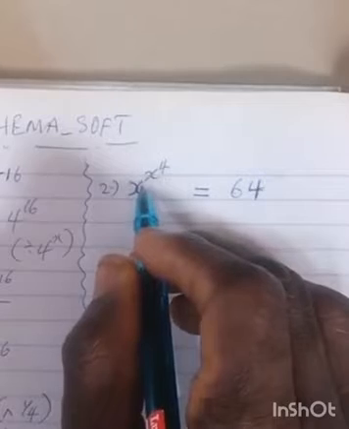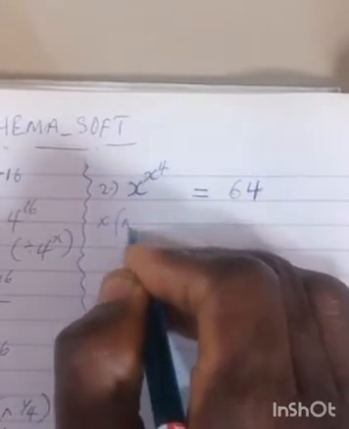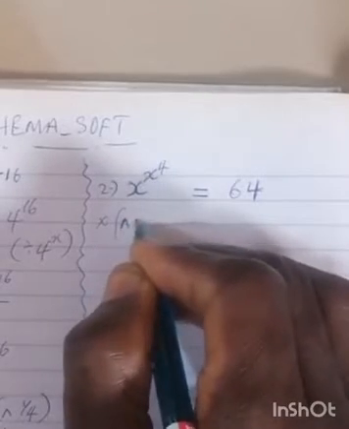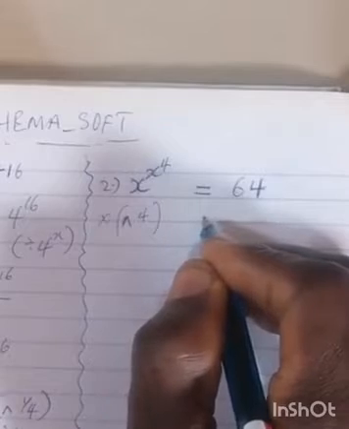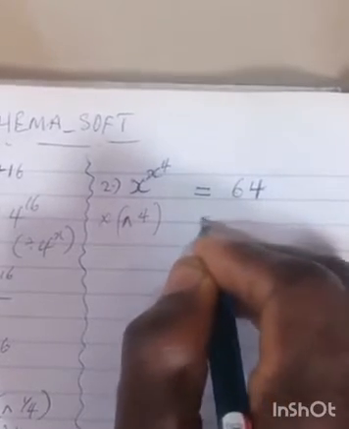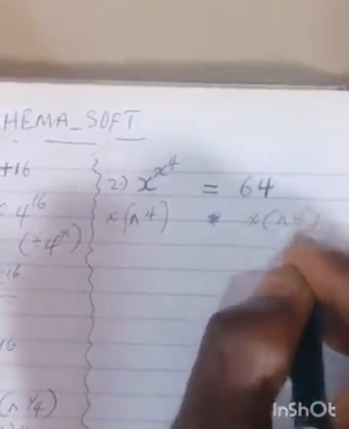So if I want to raise this one to 4, then I can multiply the power on both sides by 4. So let me multiply the power on both sides. This side also, I will multiply the power by 4.